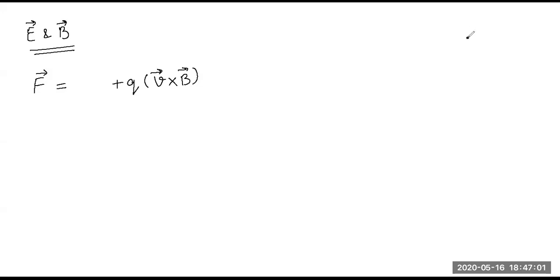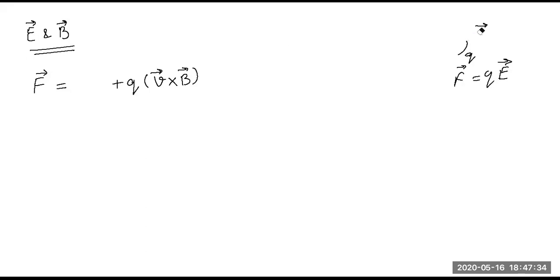If I say the electric field here is E, and I place a charge Q here, how much force will it experience? Isn't it Q times E? If you have an electric field E and you place a charge Q in that electric field, how much force will it experience?